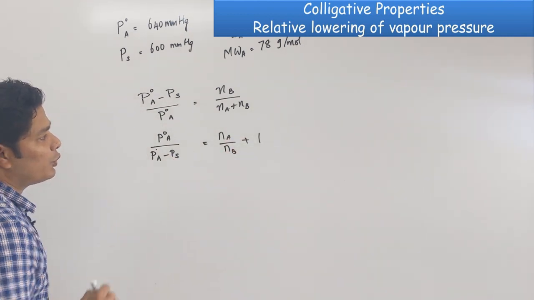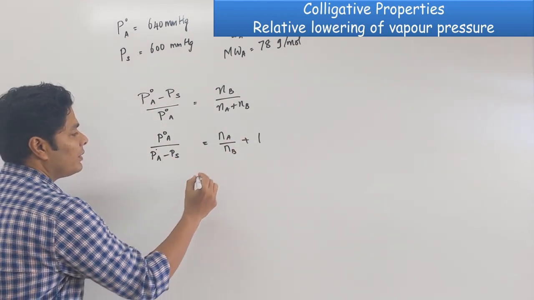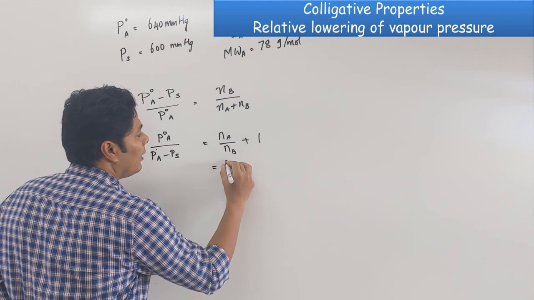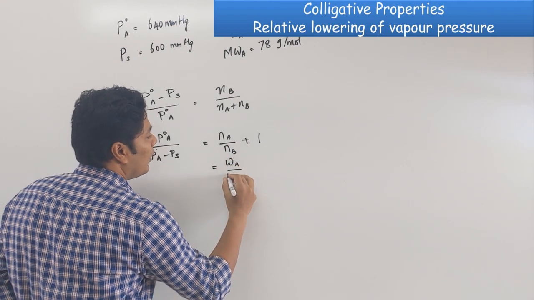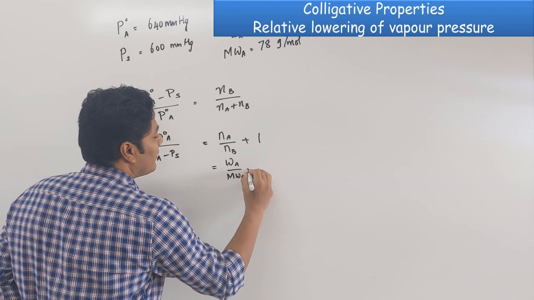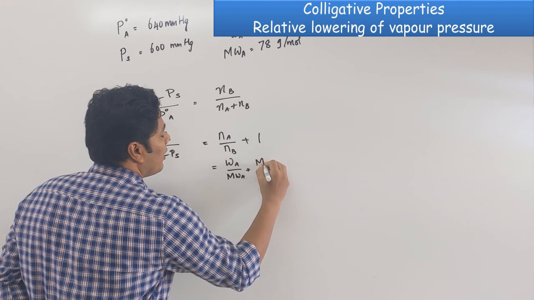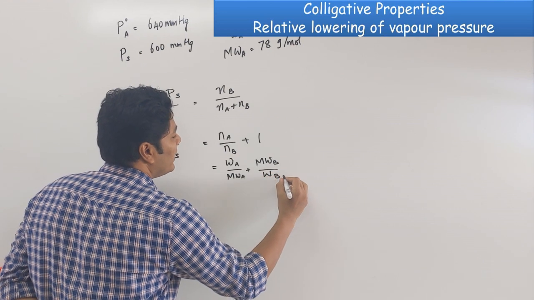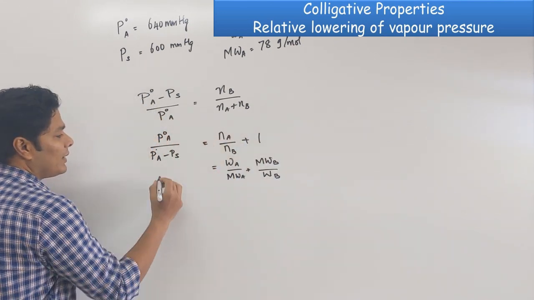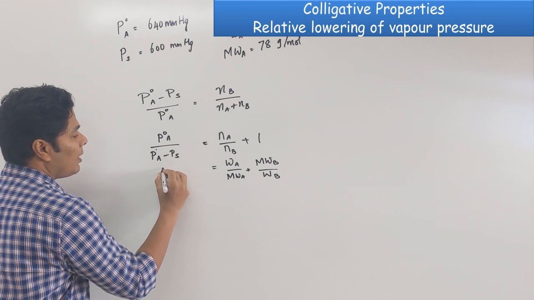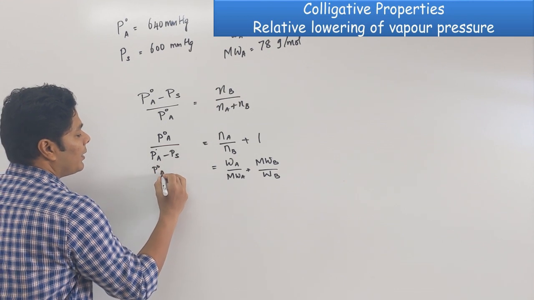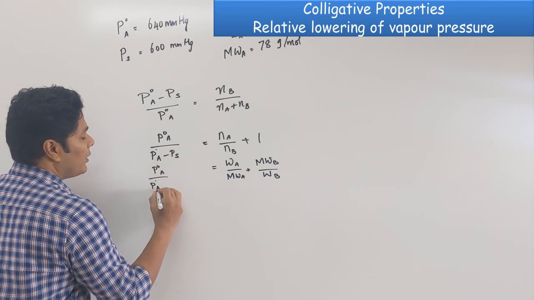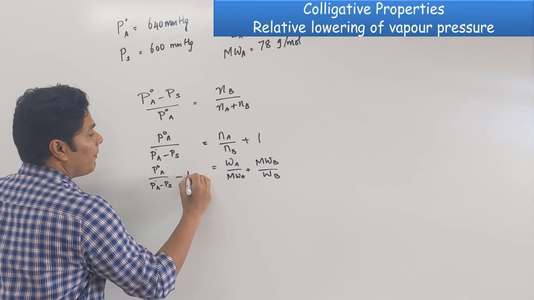We just saw how to do this. Now, this would be equal to mass A over molar mass A times molar mass B divided by mass B plus 1, I take it on the other side, P naught A divided by P naught A minus Ps, minus 1.